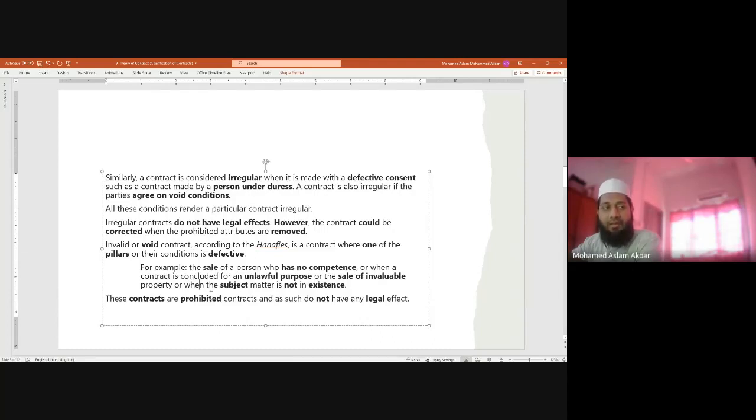I mean the parties and the subject matter follow the offer and acceptance. That's why they also agree that if someone does a contract who has no competence, or the contract is concluded for an unlawful purpose, or the sale of invaluable property, or when the subject matter is not in existence, in this case the contract becomes invalid.